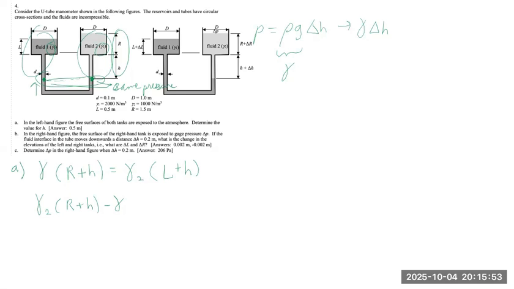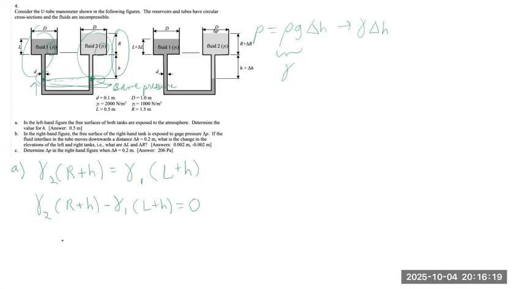I don't know if you guys caught that, but this one is gamma 2. This one is supposed to be gamma 1. Yeah, so gamma 2 times R plus H minus gamma 1 times L plus H is equal to 0.